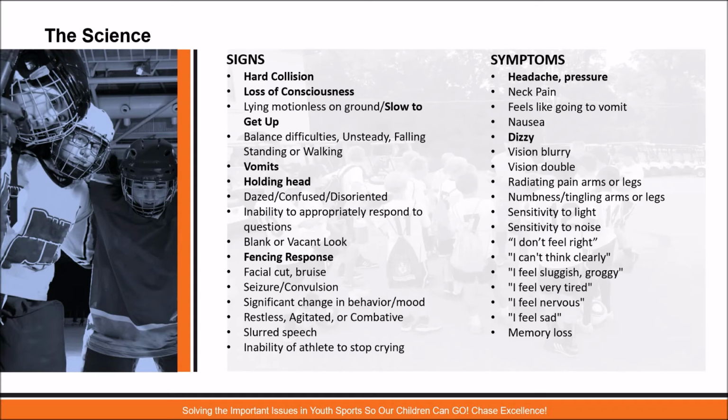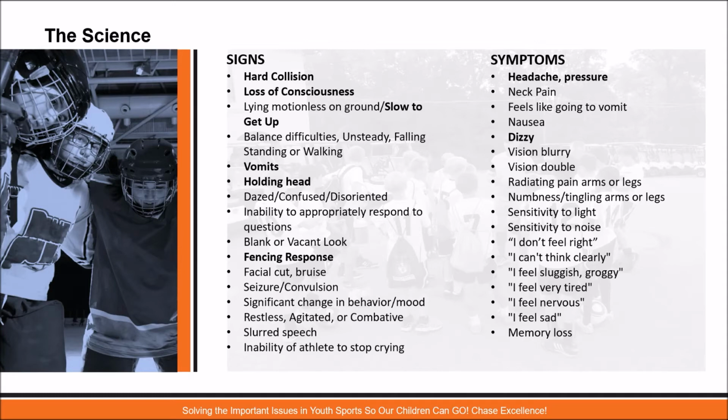We all must become better observers. We have signs and symptoms. Signs are what you observe. Symptoms are what the athlete reports. So we've just reviewed the emergency signs and symptoms. Here's what to look for, a long list. Do you have this list? Is this list going to be immediately available to you?